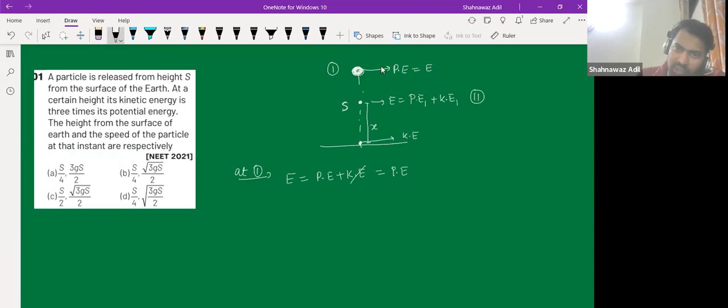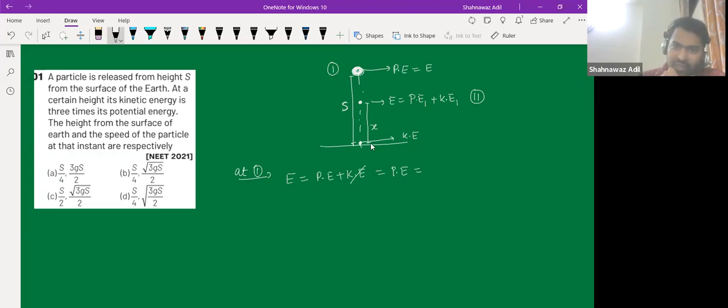How much is the potential energy at this point? It will be 0 at this point. What is potential energy? mgh.